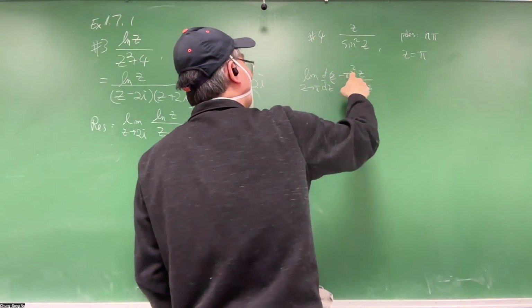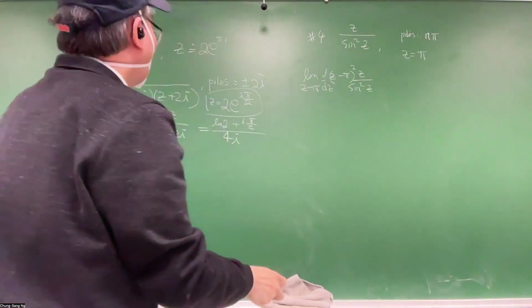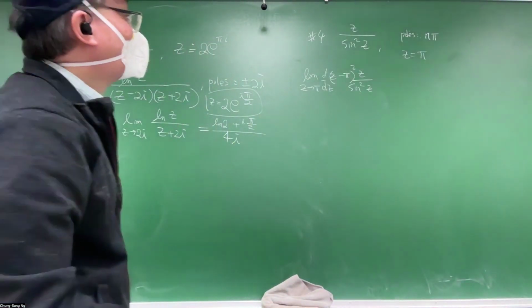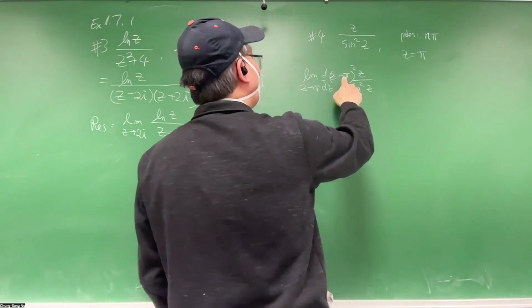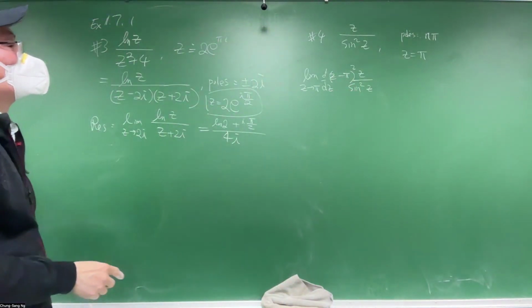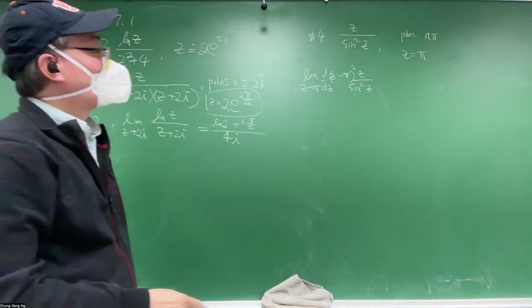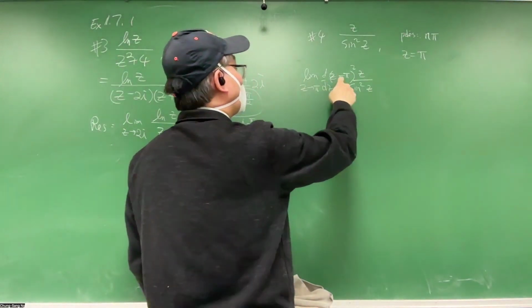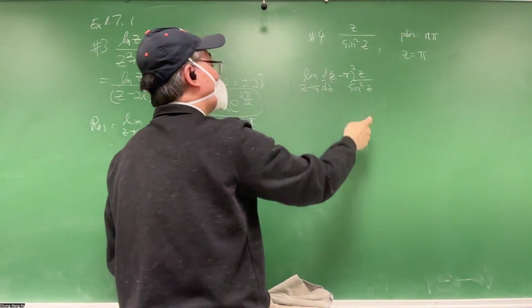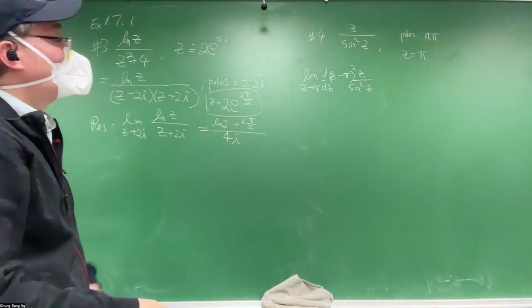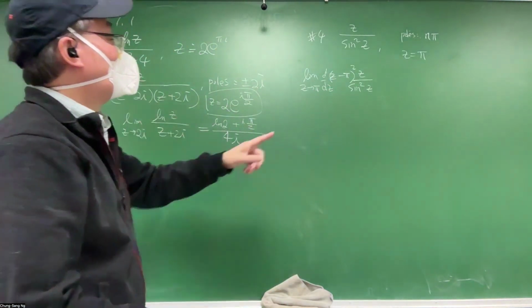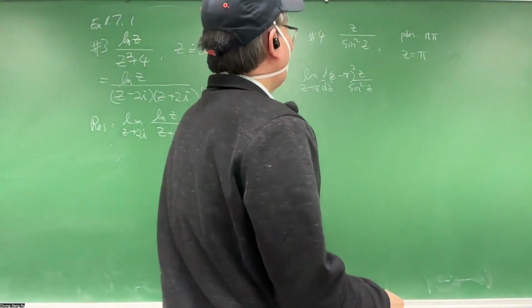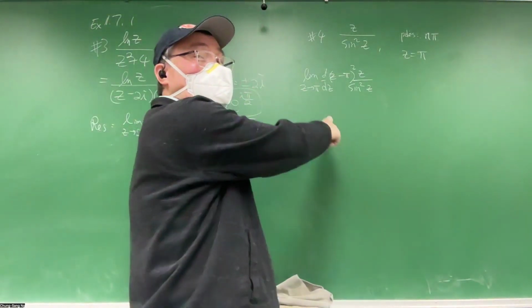Yeah, second order. You multiply enough factors to kill the most negative power of this, and then take the derivative. And then take the limit. This is the formula. You remember?